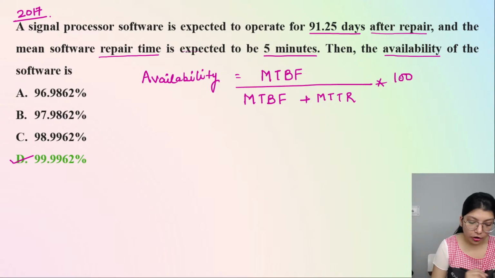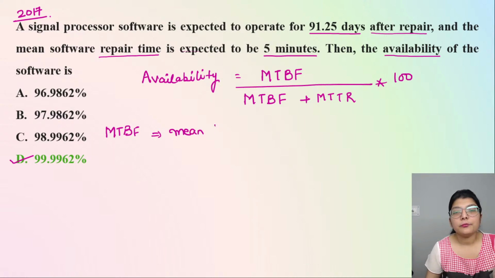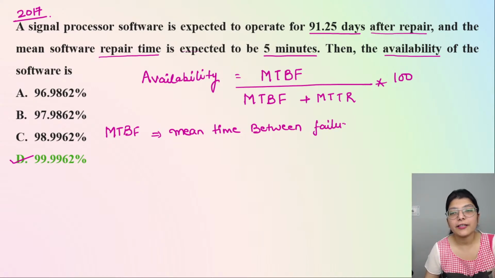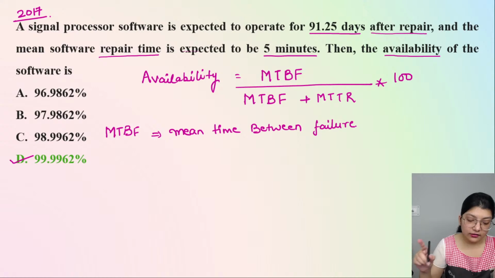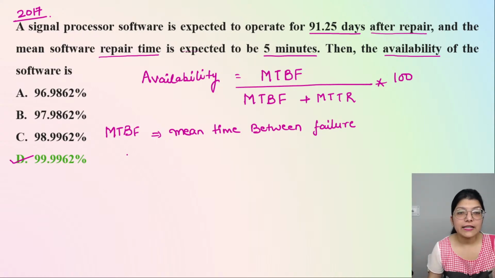This is basically the formula for availability. Now what is this? MTBF means mean time between failures. Between 2 failures, what is the time between the 2 failures? That is, failure 1 has occurred and now after how much time failure 2 will occur. This is basically mean time between failures.